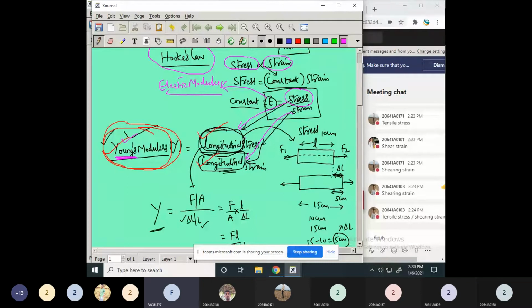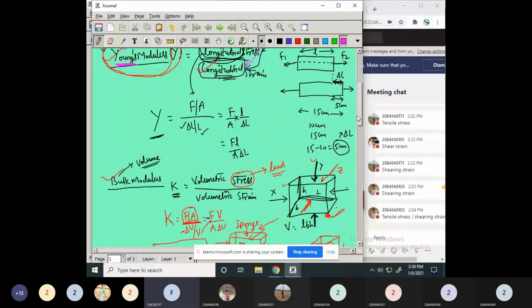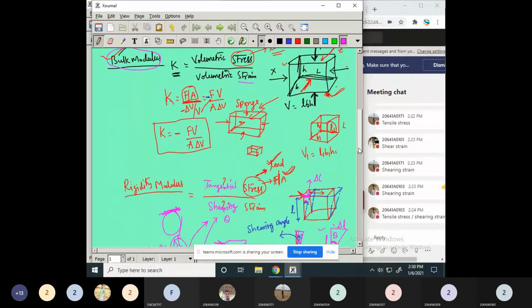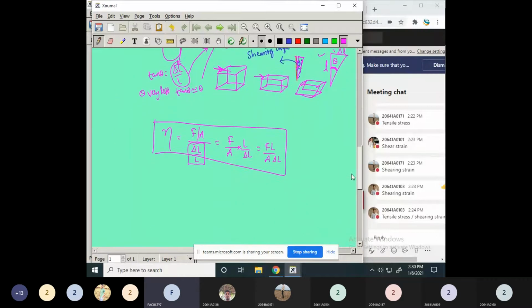Similarly, if you apply volumetric stress, you get volumetric strain, and that is why we consider this the bulk modulus. And the remaining one is tangential stress by shearing strain, which we consider the rigidity modulus, and here the symbol is eta. Now let us see the continuation of this topic.